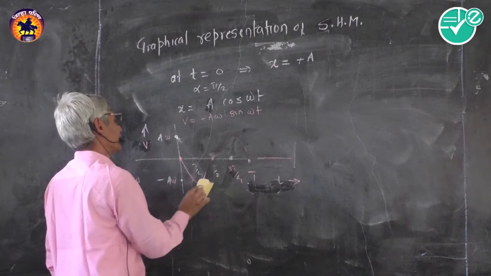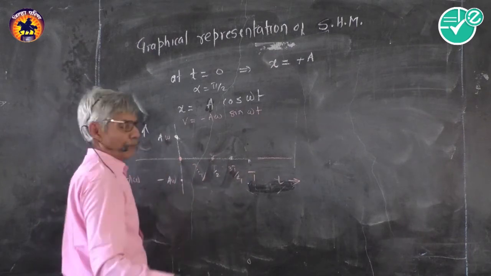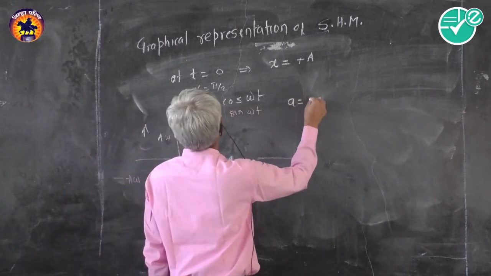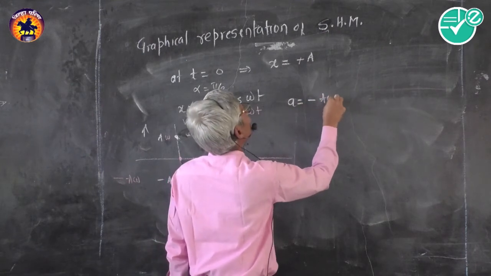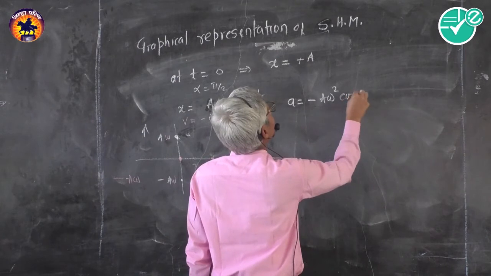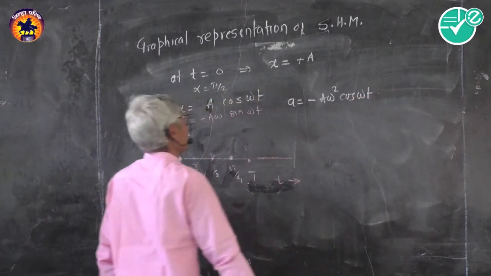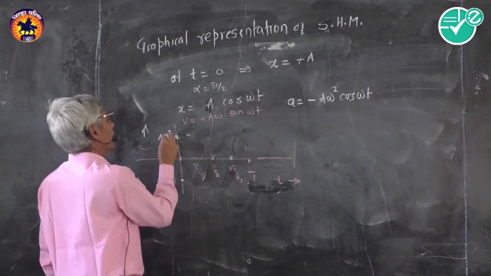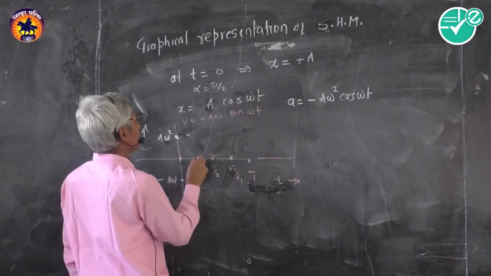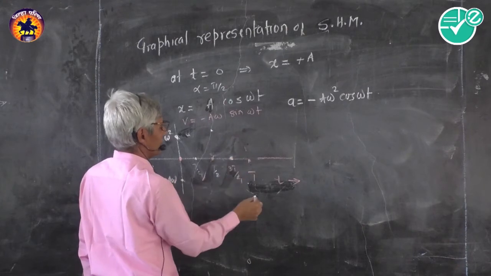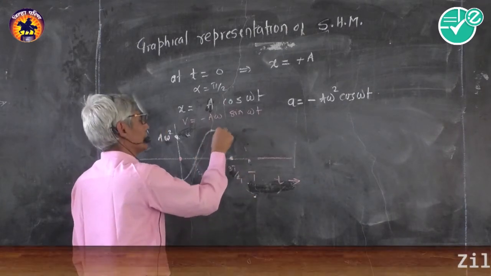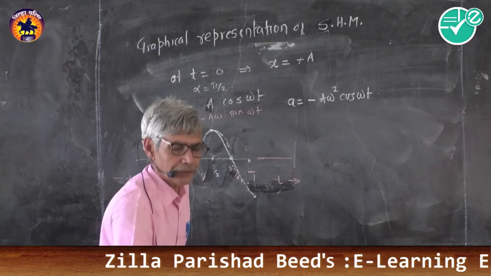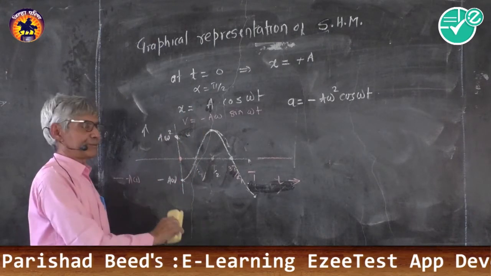Similarly, for the acceleration, by taking the equation acceleration a equal to minus a omega square cos omega t, this is the formula for the acceleration with respect to time.